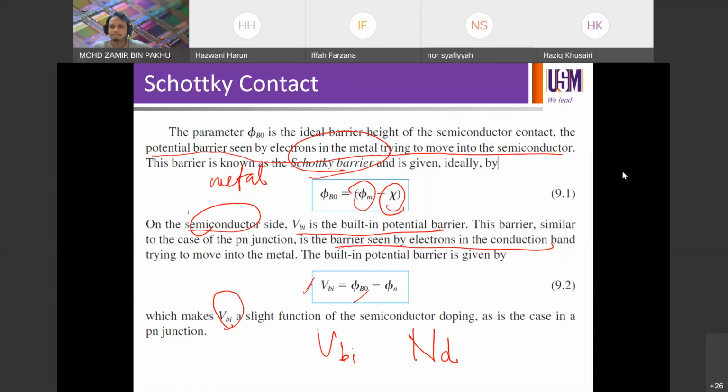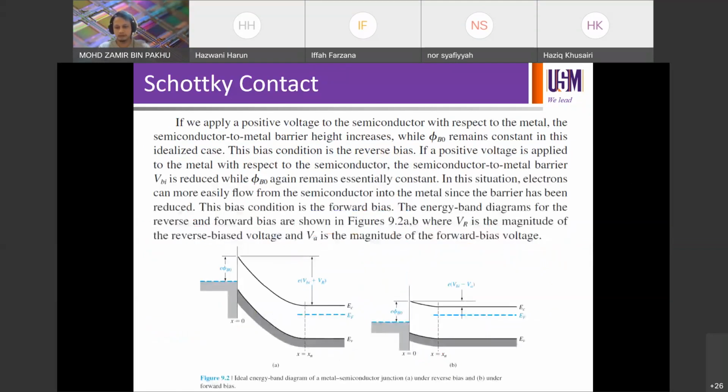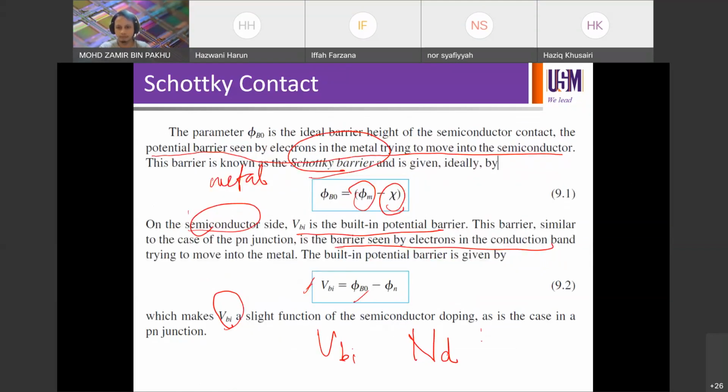Rafai, how are they related? Proportional or reciprocal? Proportional or reciprocal? Paris?